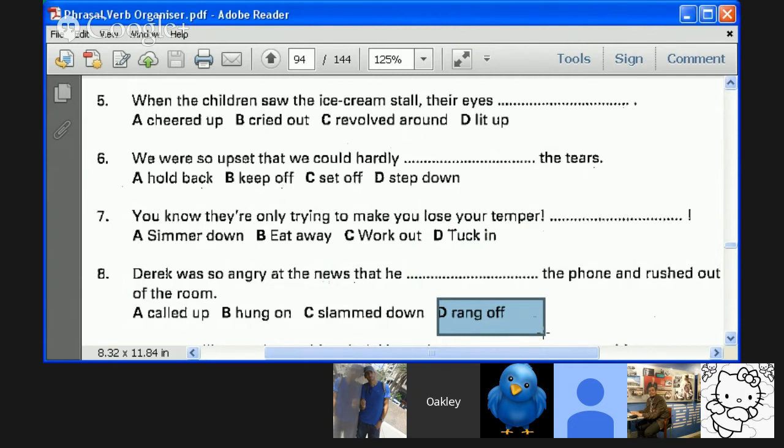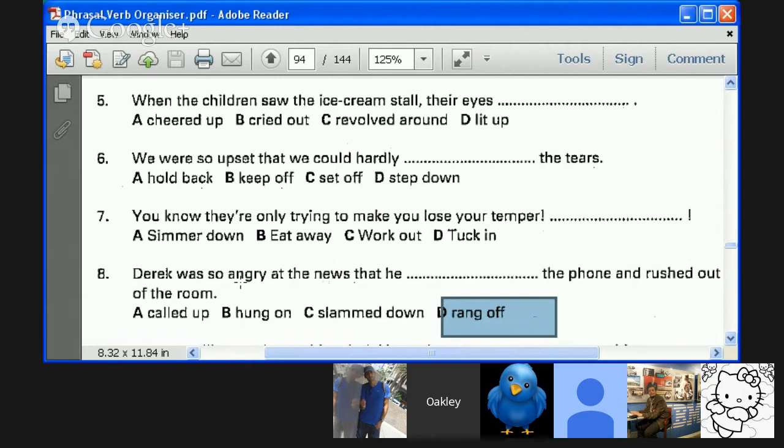There's a little cradle that would lower little pegs, little levers, and that would hang up the phone. Okay, ring off. I'm going to ring off now. Means you hang up. Americans usually say hang up. So hang up and ring off mean the same thing. Close the phone connection, basically.